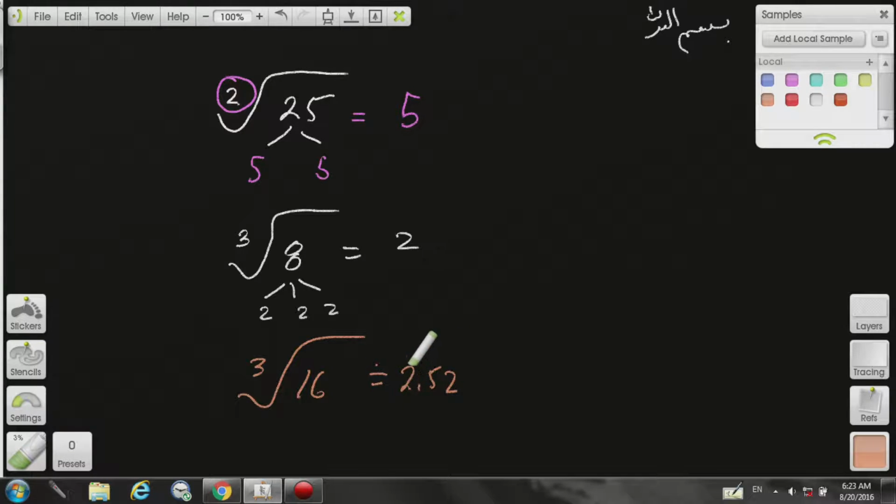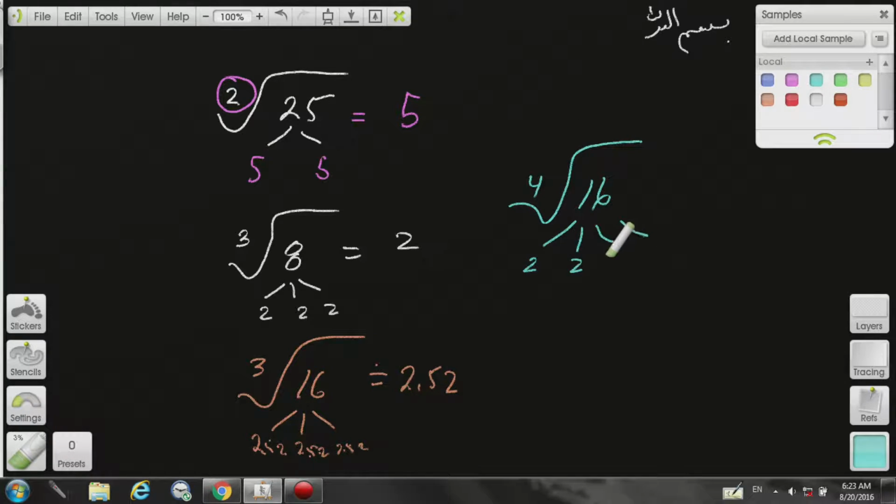So 2.52 multiplied by itself 3 times will give you 16. Okay? So that's what the nth root means. So the fourth root of 16 is 2, because 2 multiplied by itself 4 times will give you 16. So that's what the nth root of a certain number means.